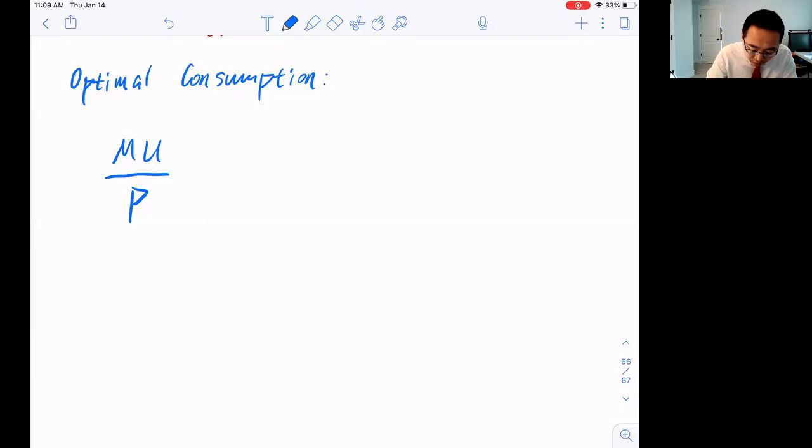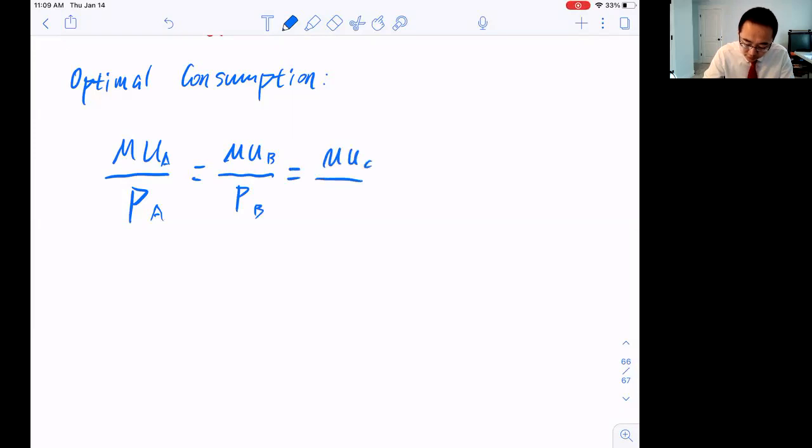So if your marginal utility per dollar for apples, which is the marginal utility of the next apple you eat divided by the price of the next apple, equals your marginal utility per dollar of bananas, which equals that of carrots, all the way to the marginal utility of the next zebra steak you consume. I don't know what is for Z, but the point is, if all of the things you consume have the same marginal utility per dollar, then you have maxed out the utility you can get out of your consumption, right?